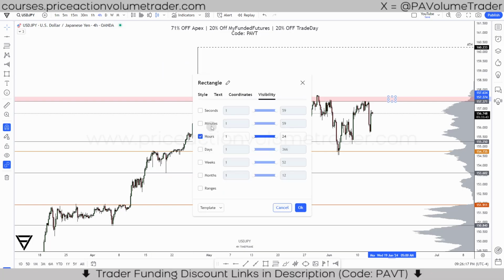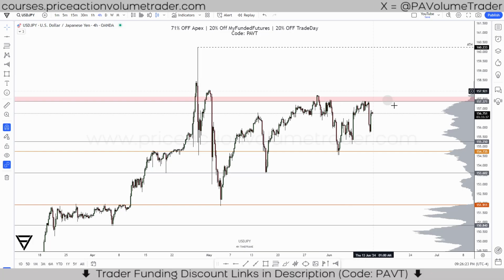And this, I only have it to show on the hourlies and on the minute time frames. So that's one. Then I think we can put another one here near the all-time highs, where you can see we had this big spike, but then we had two big spikes and resistance here. So I'll mark that off there.